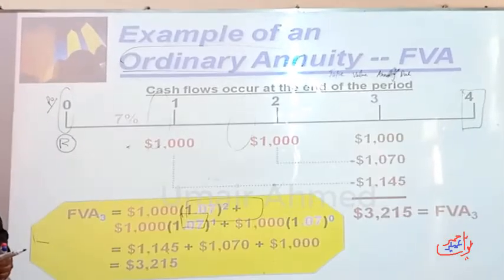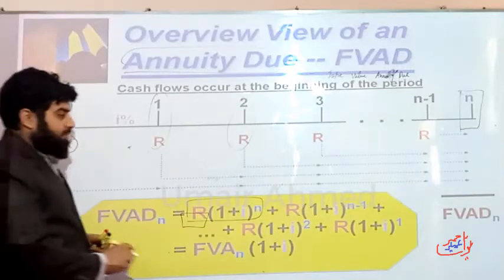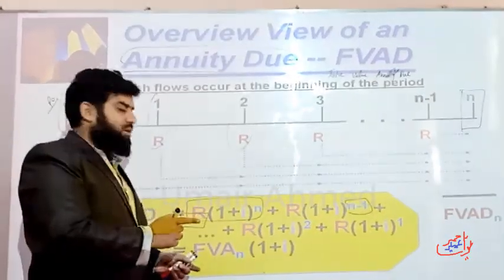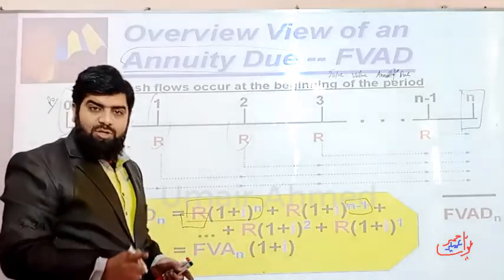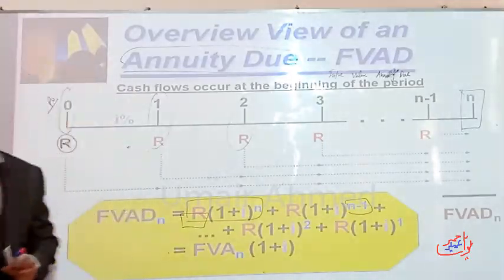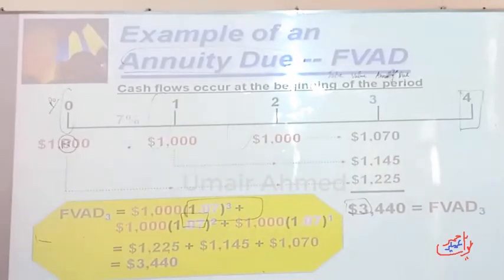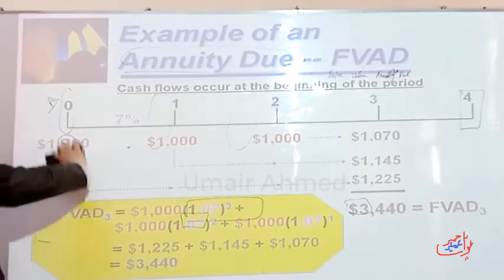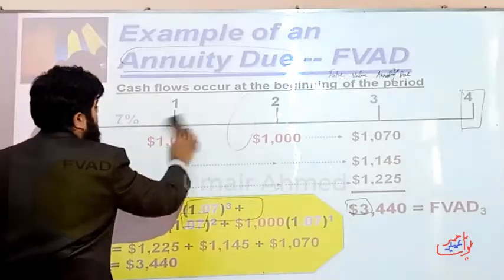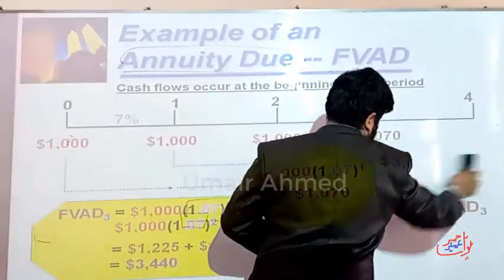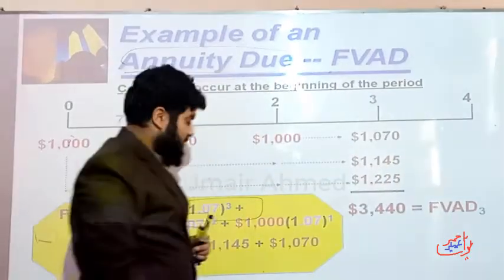But in annuity due, n minus 1 is for the second year. So this is the difference between the annuity due and ordinary annuity. So now we have to calculate the same example for future value annuity due.